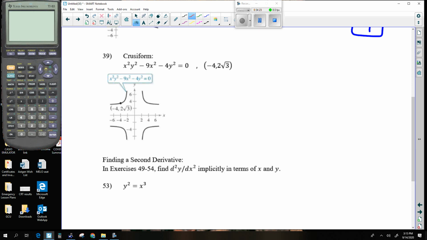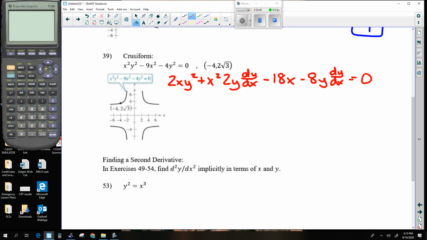Derivative of x squared is 2x, plus, leave the first part alone, derivative of the second, minus 18x, excuse me, as we were, minus 8y, equals 0.